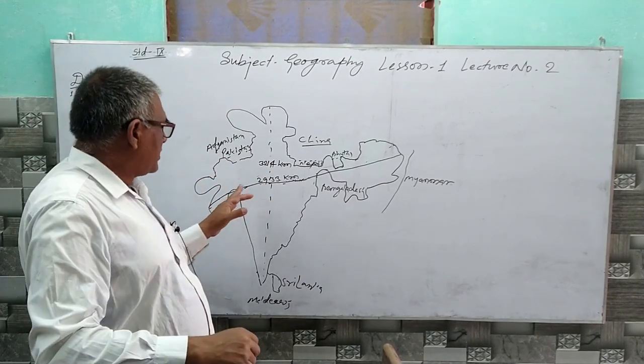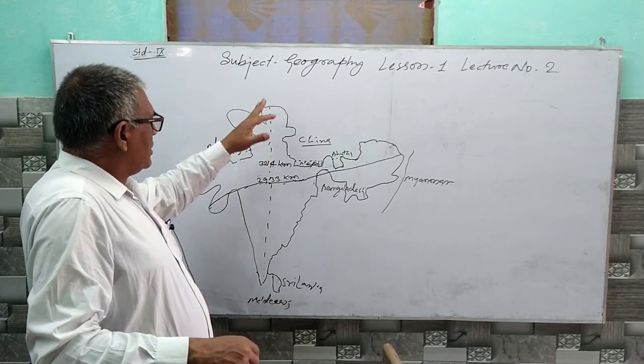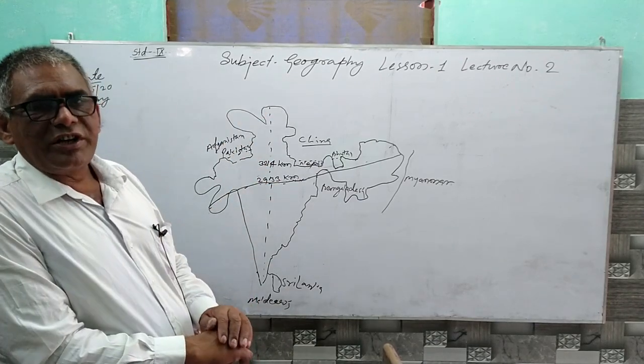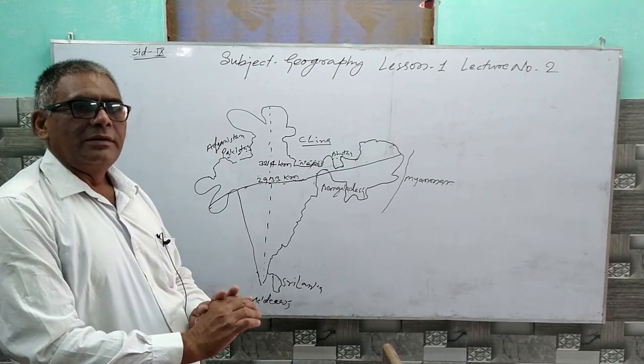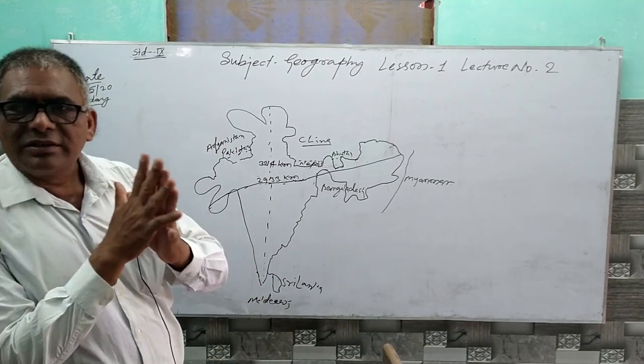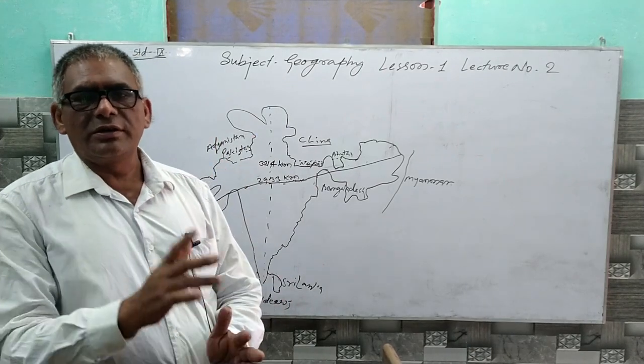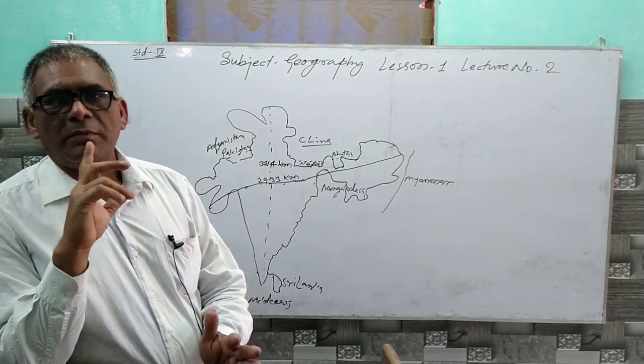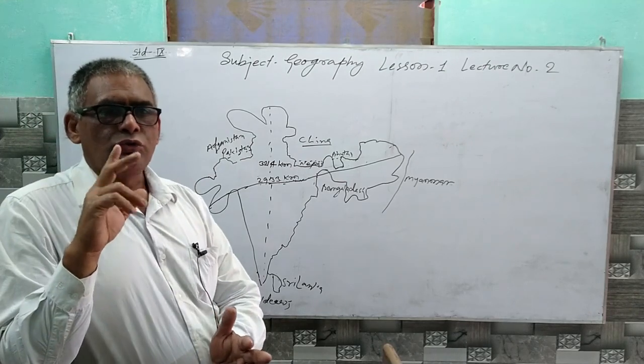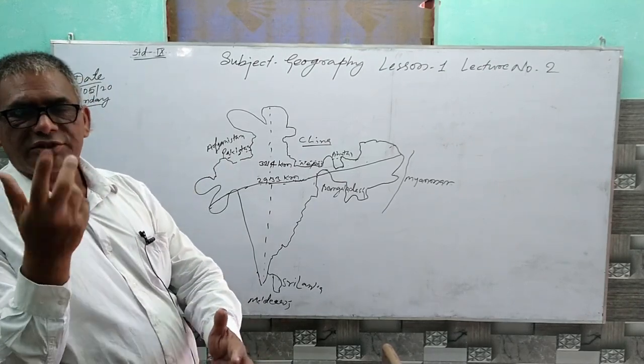So about 30 degrees of longitude lie in this country, and you have also seen that the earth takes 1 hour to cross 15 degrees of longitude during rotation.